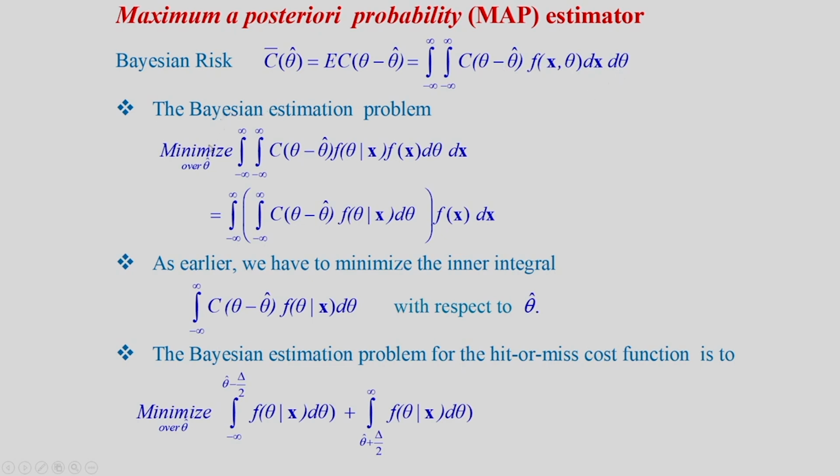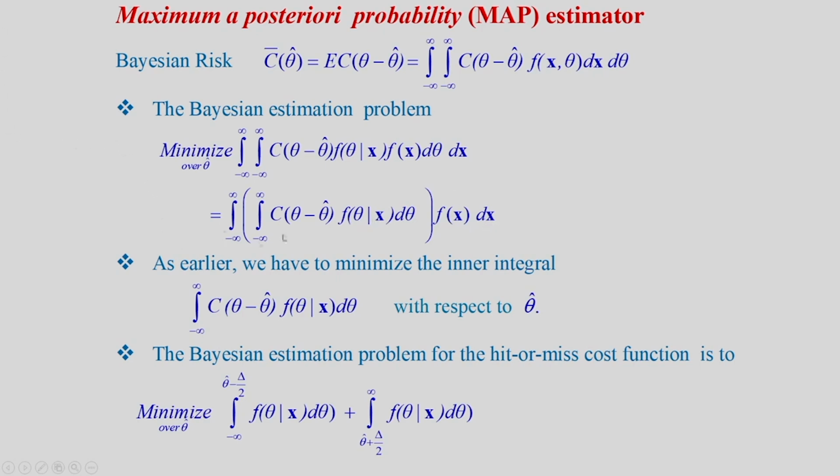And now, as earlier, we will take this f(x) dx outside. So, we will get the minimization of the integral from minus infinity to infinity, of the integral from minus infinity to infinity of C of theta minus theta hat into f of theta given x d theta, into f(x) dx.